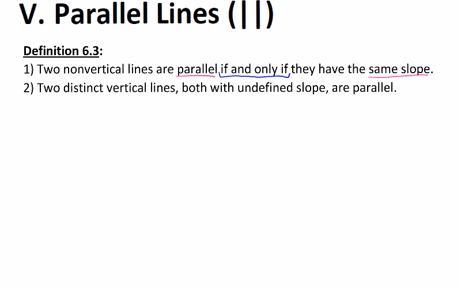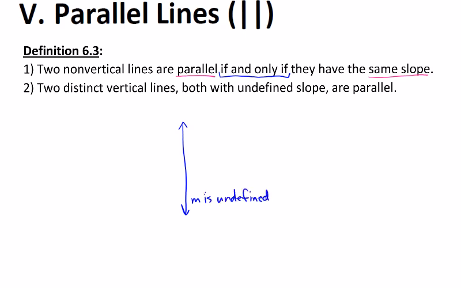Now, when we talk about a vertical line, it is not a function, as was discussed in example 6.6. And when we talk about slope for a vertical line, if you try to do a slope calculation using the slope formula, you're going to find that the slope is undefined.